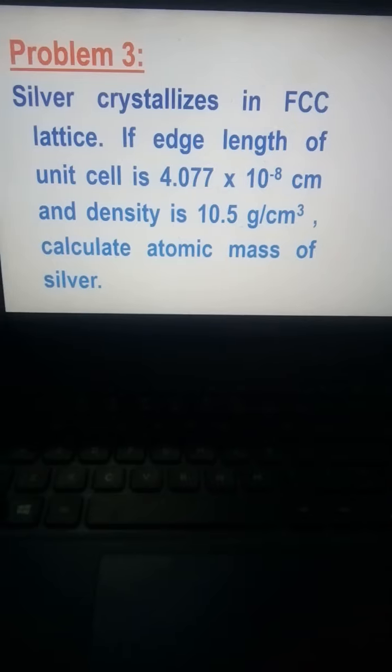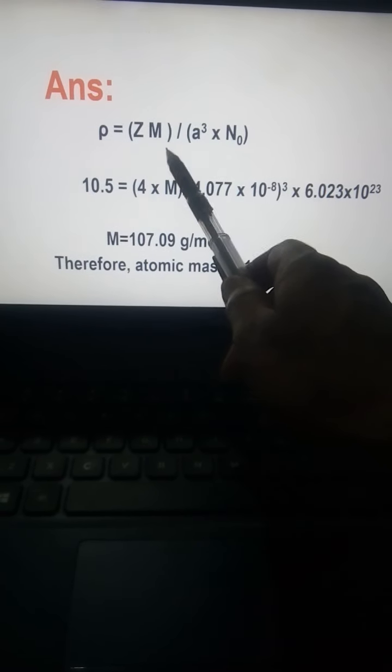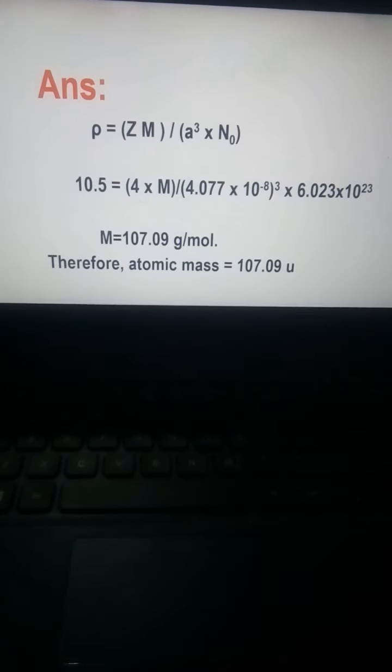So you see the calculations here. This is the formula, already we know that rho or density d is equal to Zm by a cube N naught. So here put the values. Rho is given as 10.5 gram per centimeter cube. I am not writing the unit here, so automatically that unit will be cancelled out and it will come out as gram per mole, which is the molar mass.